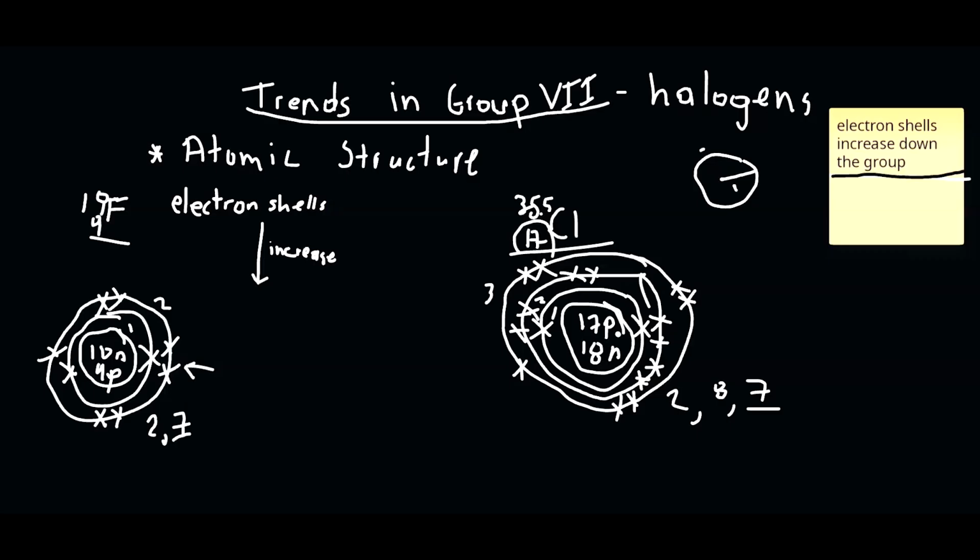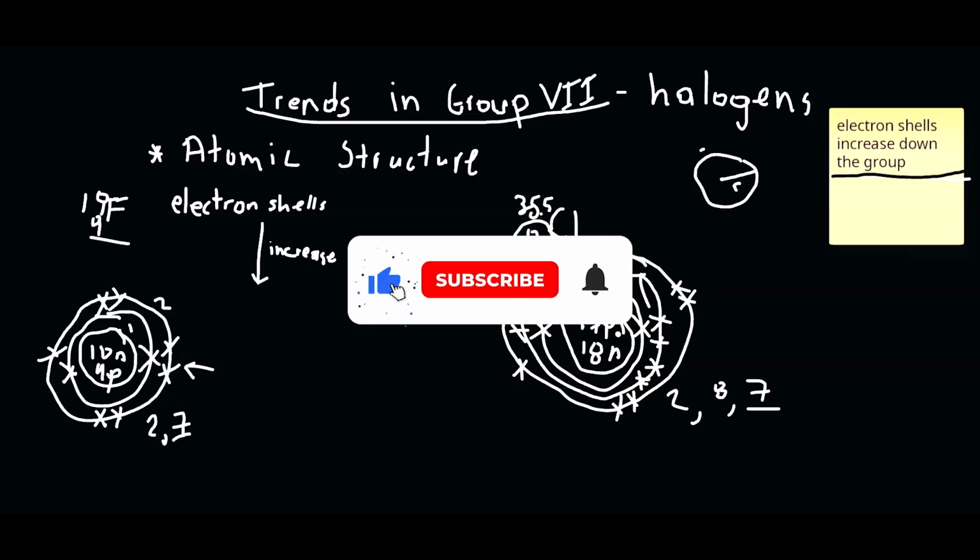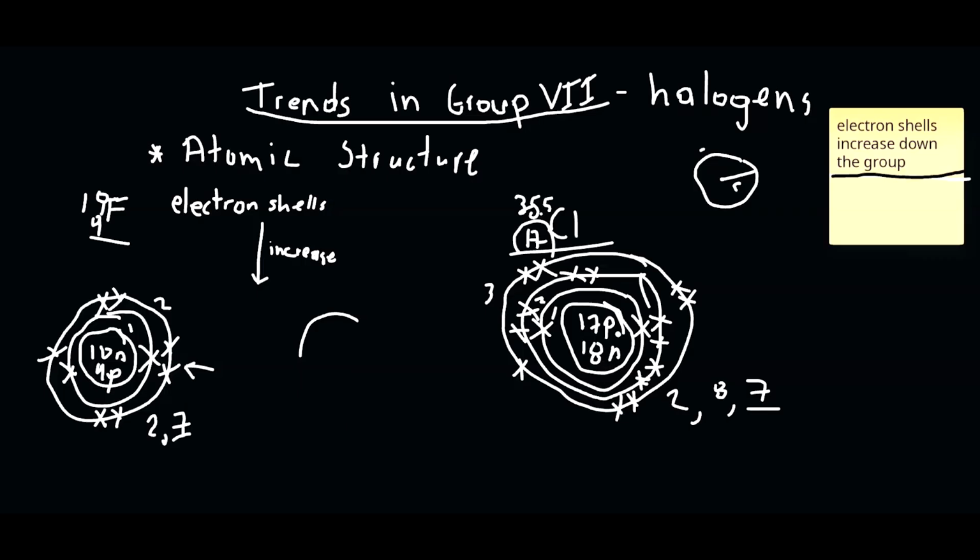So the extra electron shell that is added in the structure increases the atomic radius, because the radius is from the center of the nucleus to one side of the atom. Just imagine that the atom is circular. The atomic radius is from the center to one side of the atom.